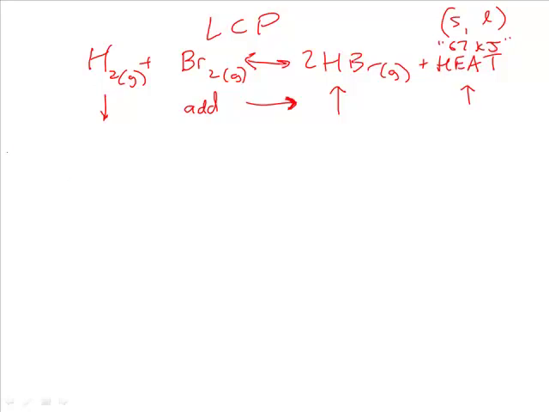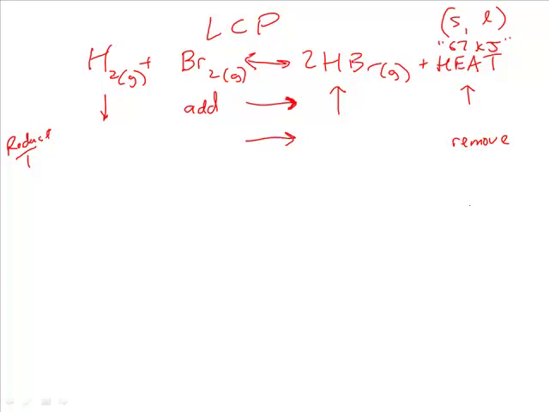The other thing you could do is reduce the temperature. If you reduce the temperature, what does that decrease in this equation? So reducing the temperature lowers the what? The heat. So reducing the temperature is like removing heat. If you remove a substance, the equilibrium shifts towards the removal.